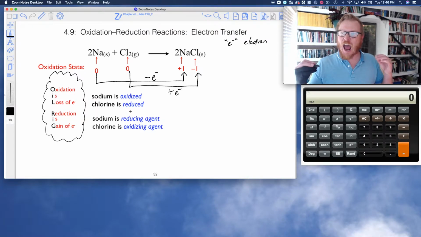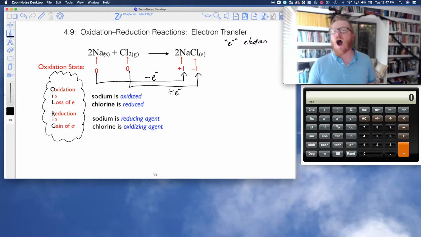Okay, and now what we have to think of is, I like to call this, making action verbs out of these. Okay, so if sodium is oxidized, who did the oxidation? Well, chlorine did, right? Sodium is not going to auto-oxidize.